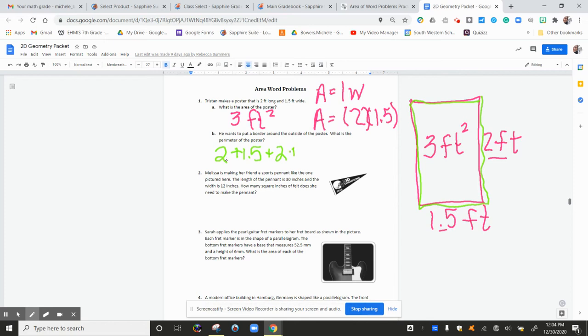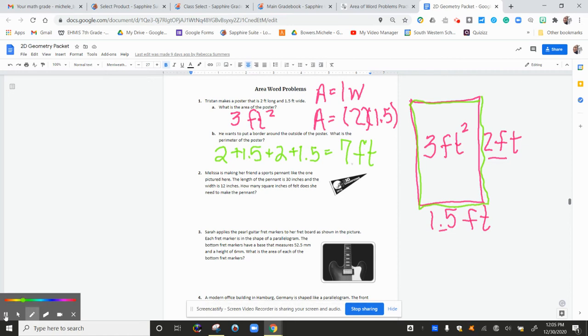There is a formula for the perimeter of a rectangle, but I never use it because I just add the sides together. When I add all those sides, I get 7. Perimeter is distance, so that's 7 feet, not square feet.